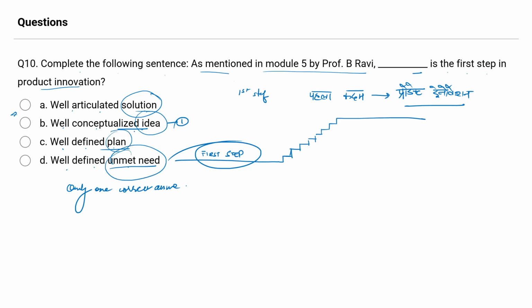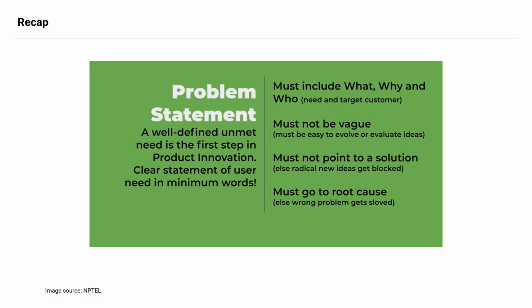Okay, let's do a screen validation. Okay, so a well defined unmet need is the first step in the product innovation, right? If you see here, this statement addresses the question, right? And how do you frame the problem statement? By identifying what and why should not be vague, it should not point to a solution, and it must go to the root cause.